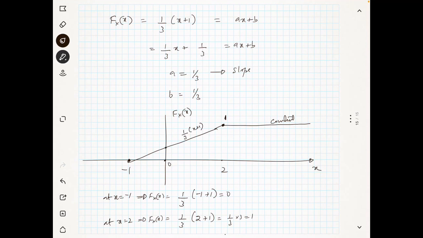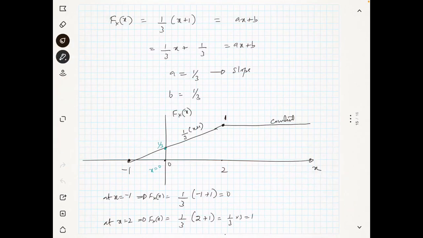Now what will be this crossing point? You see here this is x equal to 0. When x is equal to 0, 1/3 into 1, so this value will be 1/3. So the probability that X less than or equal to 0 is 1/3 basically.